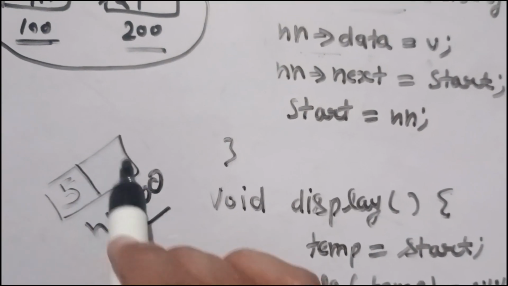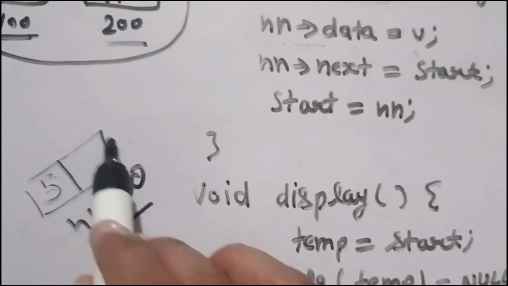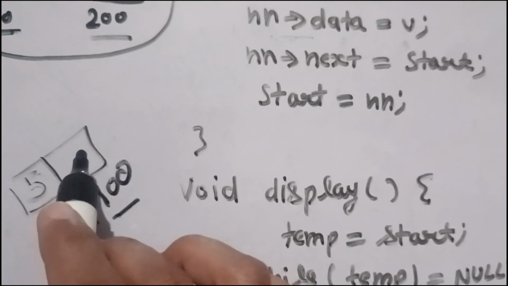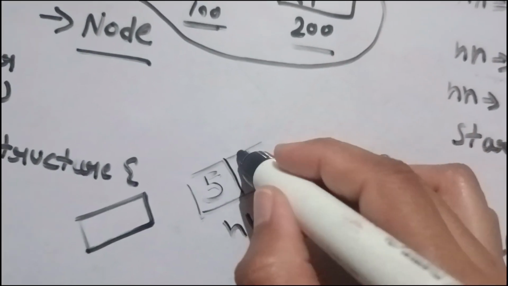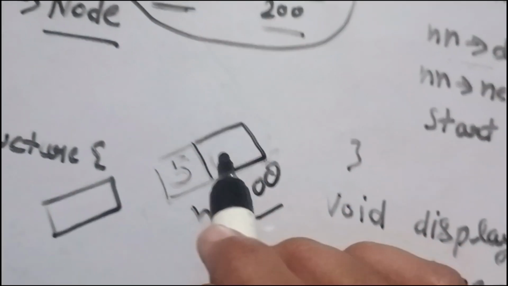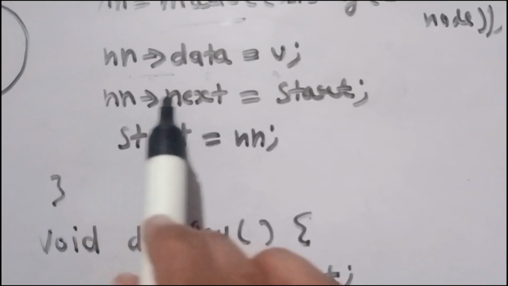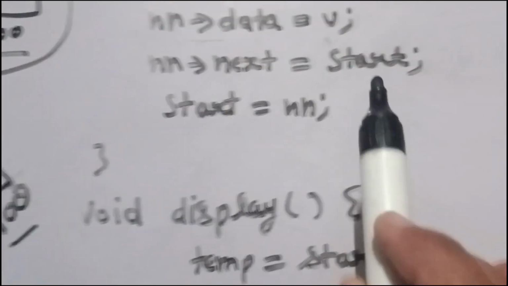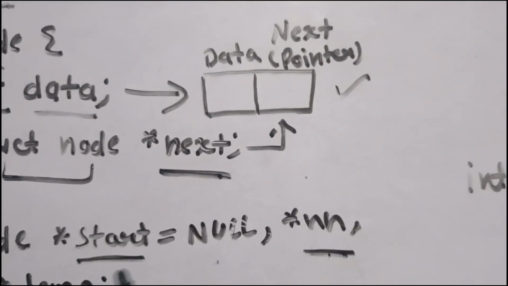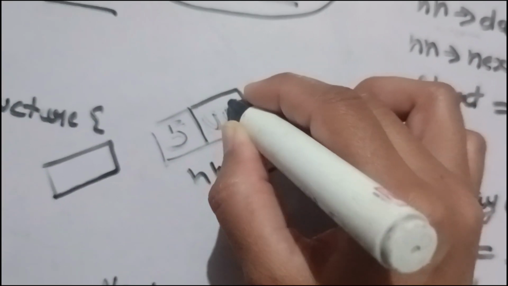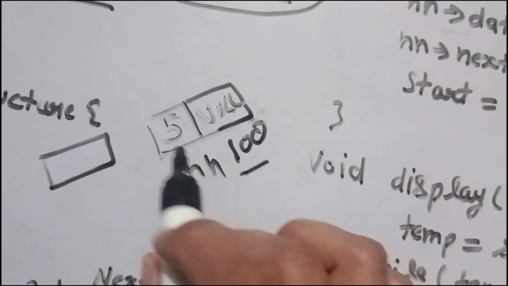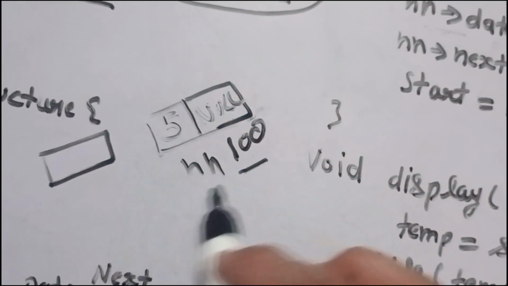Okay, now the other part, which is the pointer, is empty. Now we have to fill this part also. So in this part what do we have to write? We have to write nn arrow next is equal to start. So we are initializing start as null, so null will be here. Okay, our work here is done.